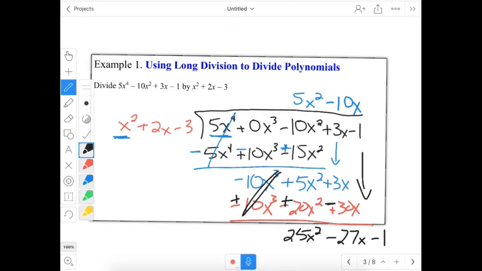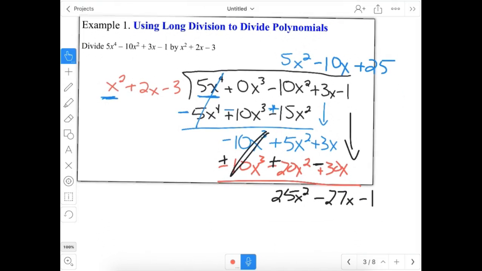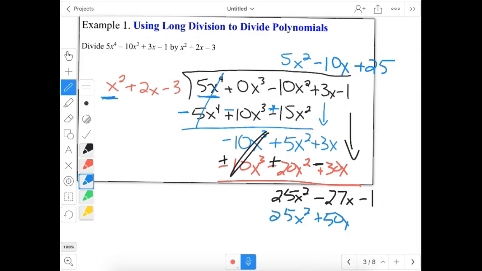Process starts over. The last term we're missing to go from x squared to 25x squared would be a 25, so plus 25. Again, let's move this over a little bit. Multiply that 25 by everything. So 25x squared, 25 times 2x gives us 50x, 25 times negative 3, negative 75. Switch the signs, minus, minus, plus.